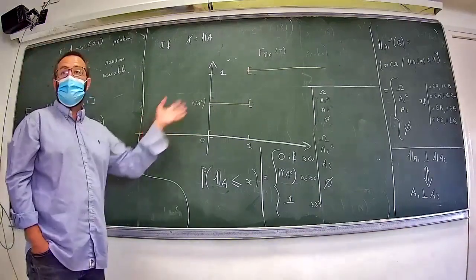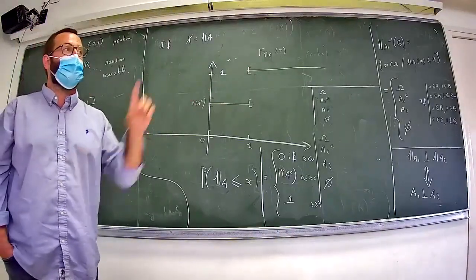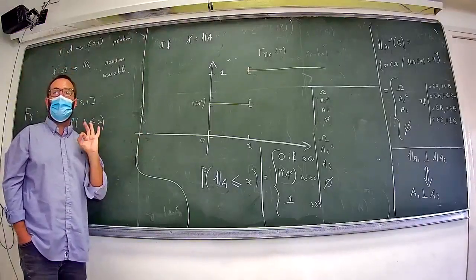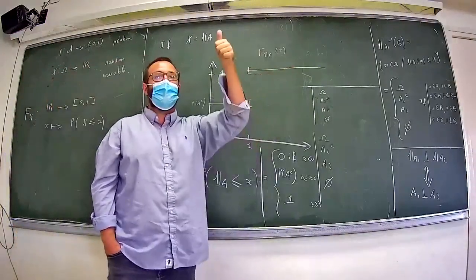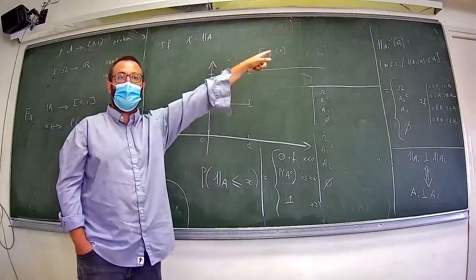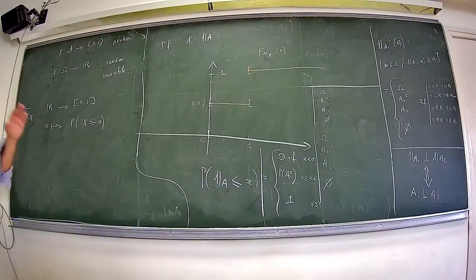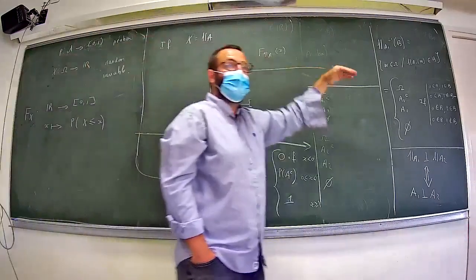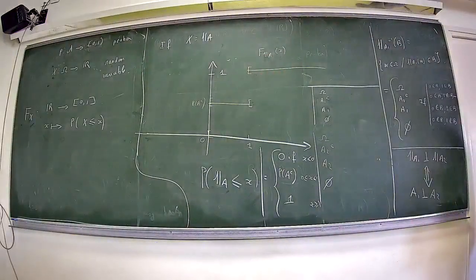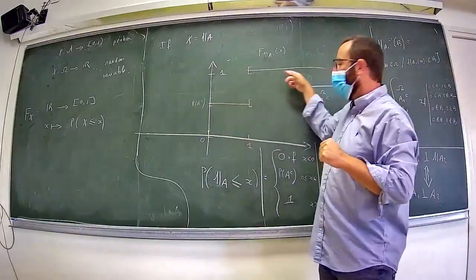On this graph, I can see a lot of characteristic properties of a distribution function that we are going to see in the next slide. The limit at minus infinity is 0. The limit at plus infinity is 1. I see that it is increasing in the large sense, not strictly increasing, because I have this flat part here. And I can also see more technical properties: this mapping is right continuous.